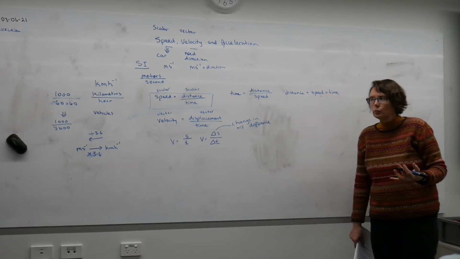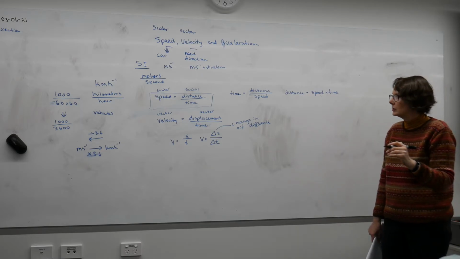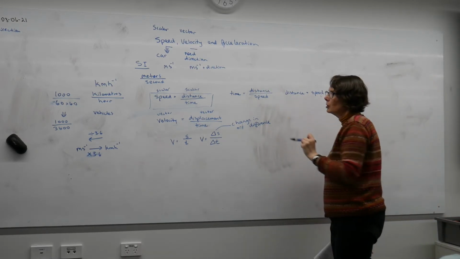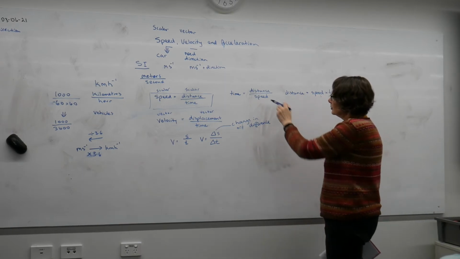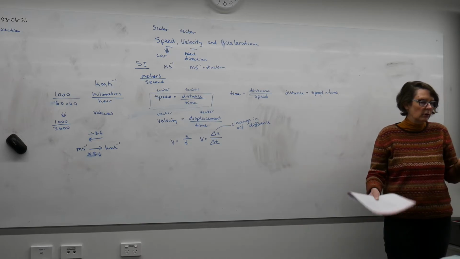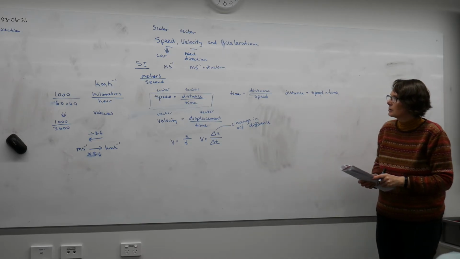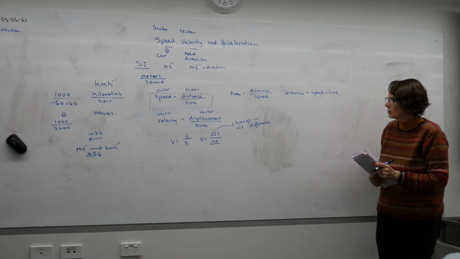Our calculations won't work unless our units are consistent. So if I've got a distance in kilometres and a speed in kilometres an hour, and I'm working out time in seconds, then I've got some conversions that I need to do, okay? So the units must match within the context of the question.